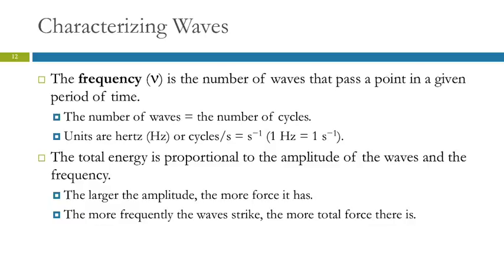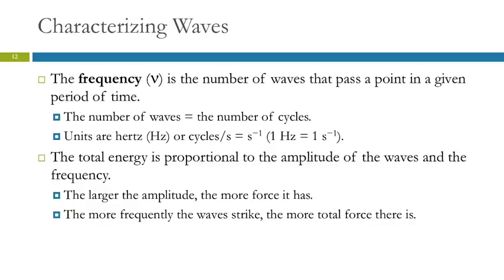So larger amplitude is more energy. The frequency, if you're standing there and you get one wave every 10 minutes, you're not really going to notice. But if there were waves coming every 30 seconds, you're going to feel pounded, right? All this energy banging into you. This is what happens to surfers when they fall in the break zone. They just get pounded.